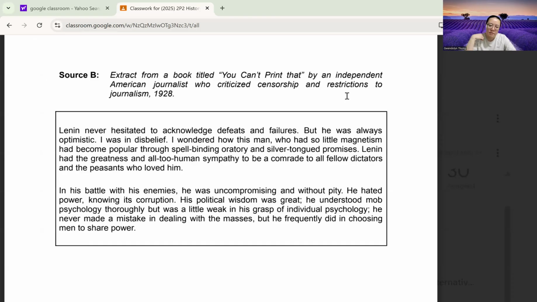In his battle with his enemies, he was uncompromising and without pity. He hated power, knowing its corruption. His political wisdom was great. He understood mob psychology thoroughly, but was a little weak in his grasp of individual psychology. He never made a mistake in dealing with the masses, but he frequently did in choosing men to share power.